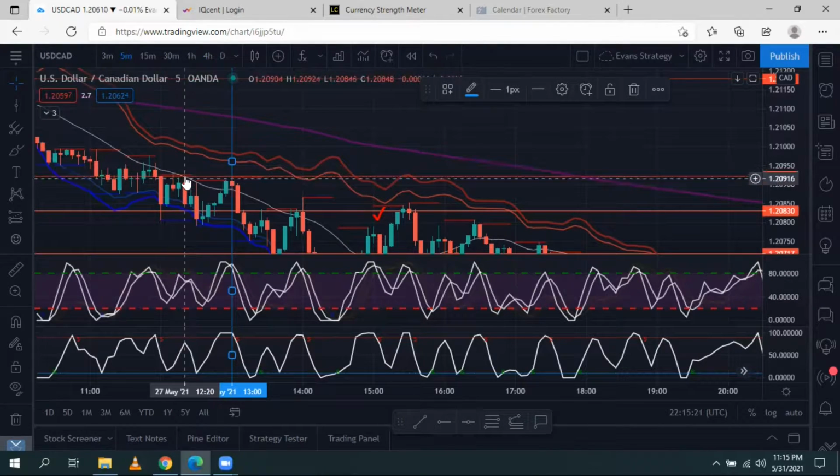It was rejected here. So the next time the market came up there and we know we're on a downtrend, we're expecting a sell. At that line where it was rejected, where you have your markup, which would be the 1.20922. So at the 922 is when you enter the trade.